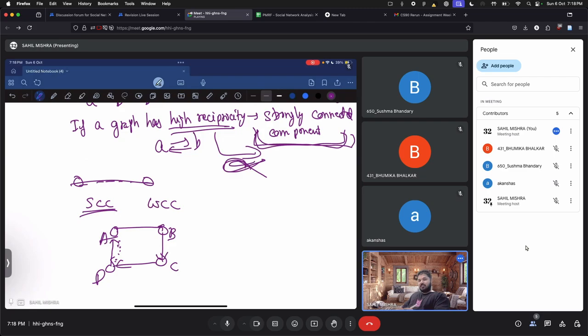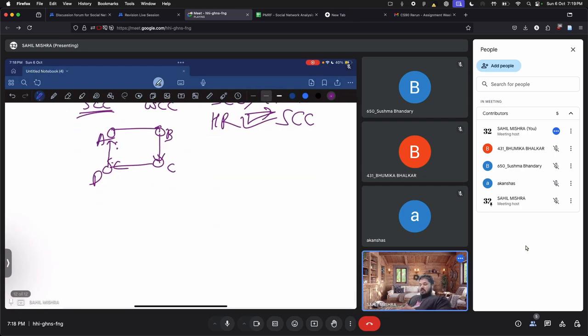It's a low reciprocity graph, but still a strongly connected component because it is somehow bypassing that. So a strongly connected component does not mean it will be a high reciprocity graph, but a high reciprocity graph means that it's a strongly connected component. Okay, it's a very simple relation. So this does not imply that, but this implies this.